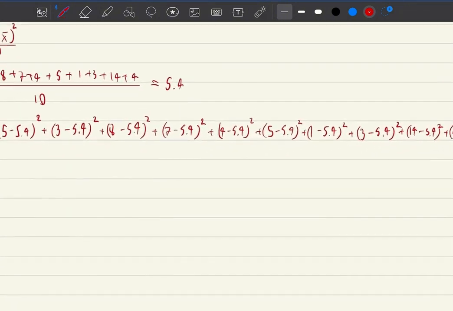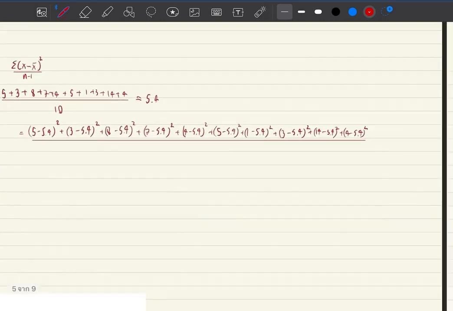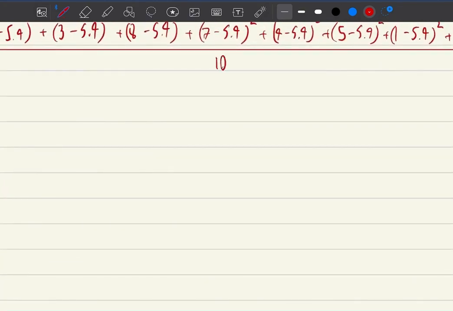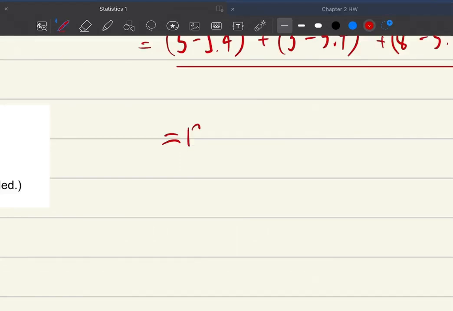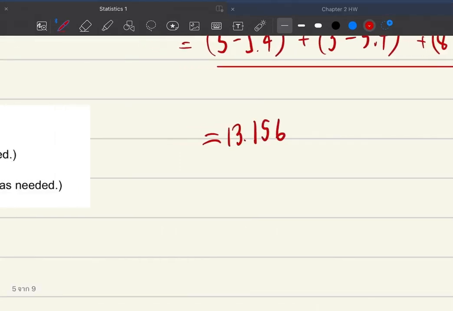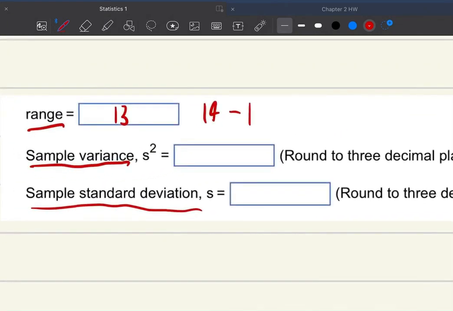and all of it will be divided by 10 minus 1. You can use a calculator, but the answer is going to be 13.156.